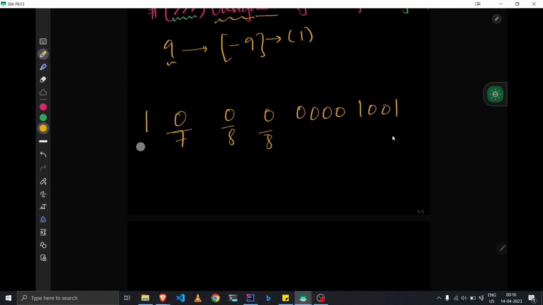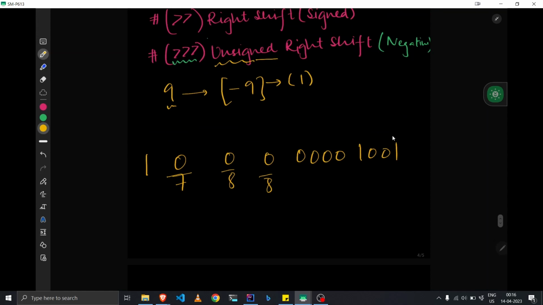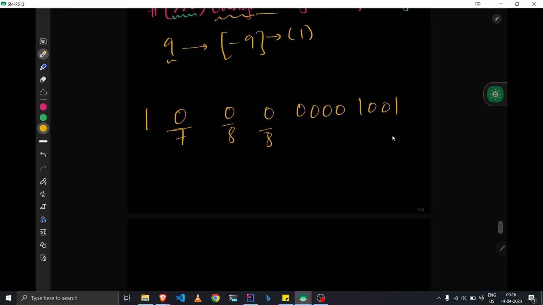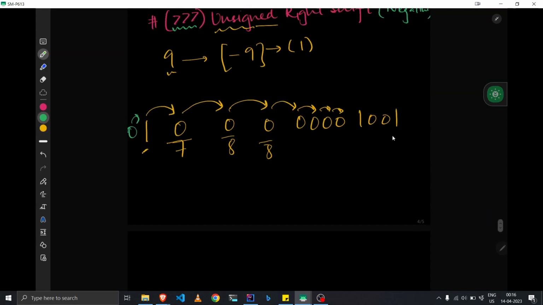Okay, so basically what the unsigned right shift operator does is that it moves everything towards the right, even the sign bit. So these bits will also move towards the right, and this will turn into a positive number. As I told you, a 0 will be inserted every time.